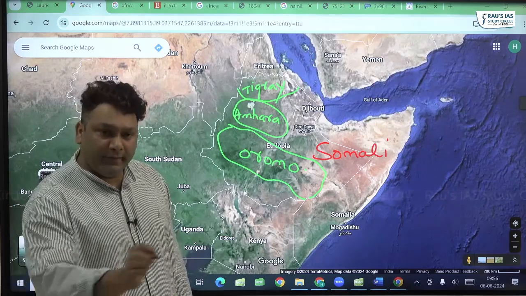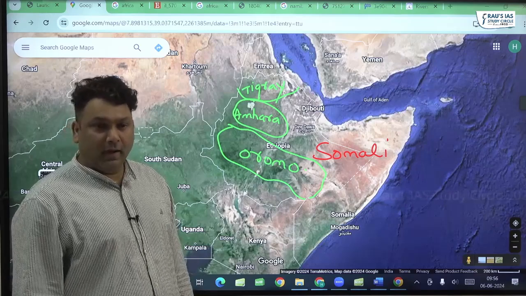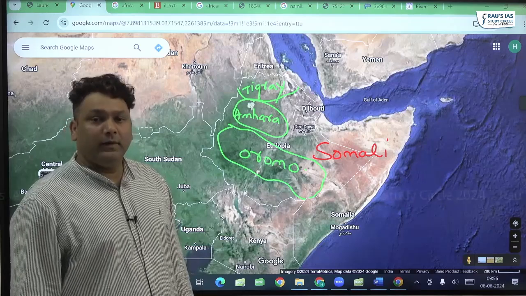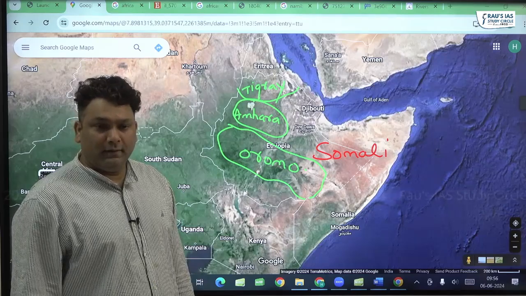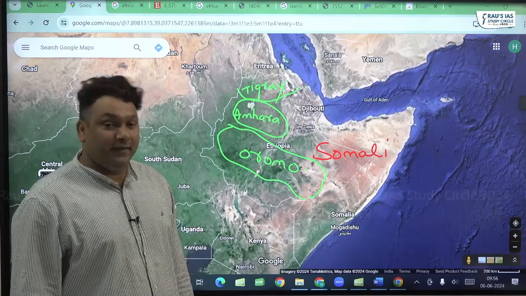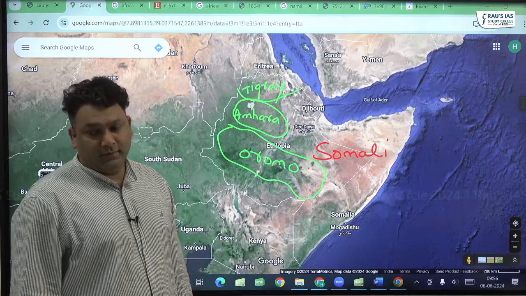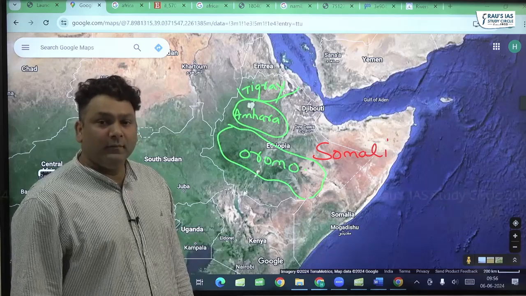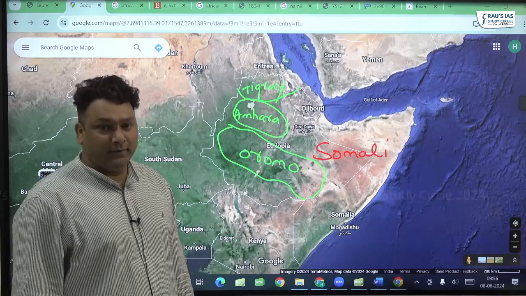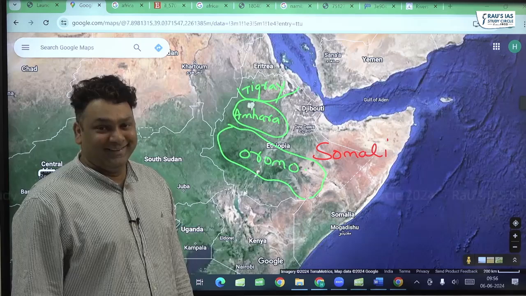The current president of Ethiopia has mixed ethnicities. It's Oromo also, Amhara also, Christian also, Muslim also, all in one. हर जगह से मिला के.